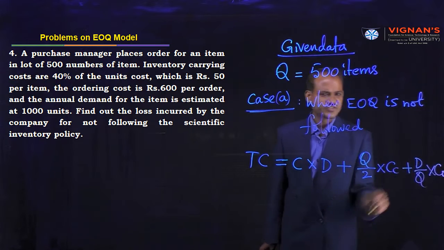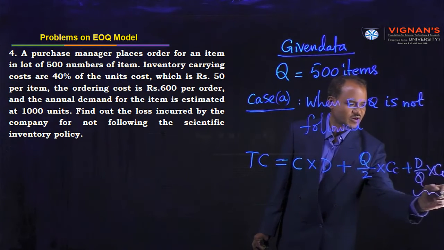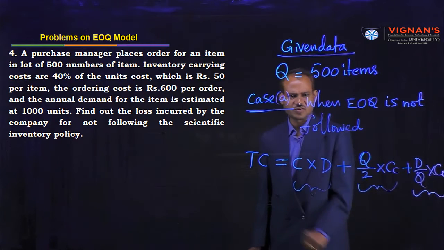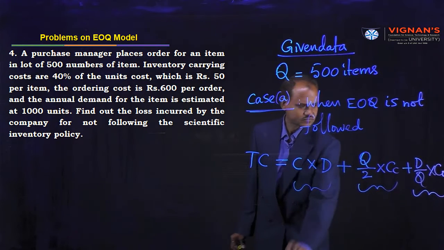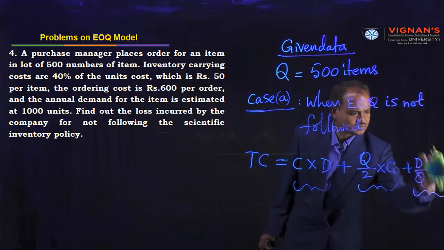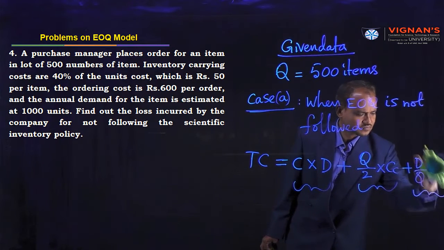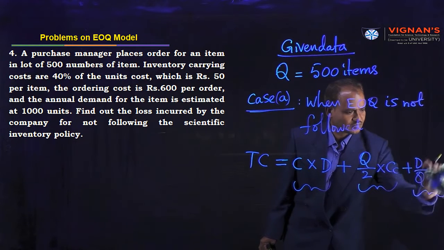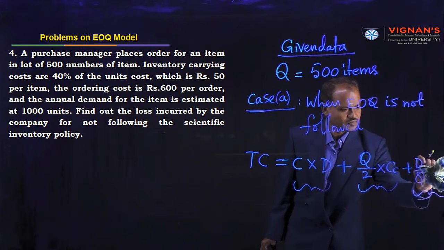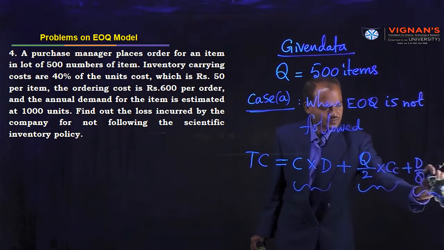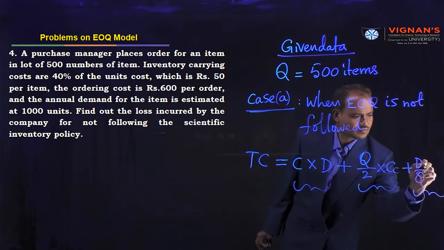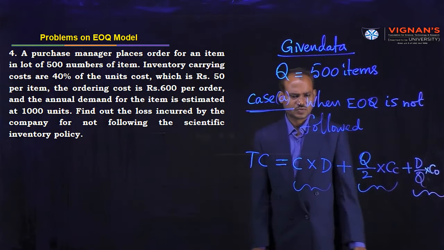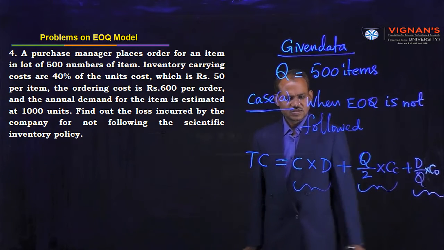D by Q into C naught is nothing but the ordering cost. Q by 2 into CC is nothing but the carrying cost. C into D is the total material cost. This is the total cost.